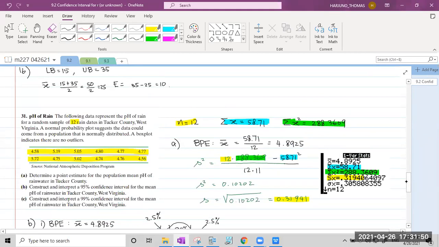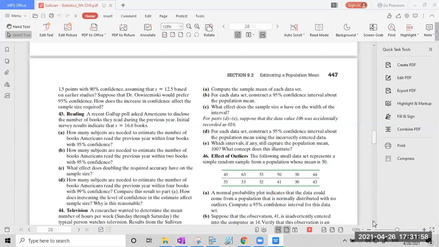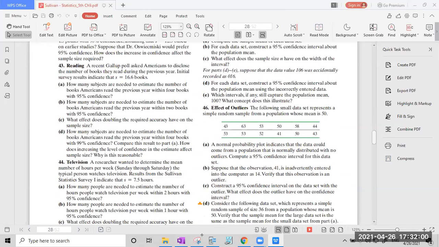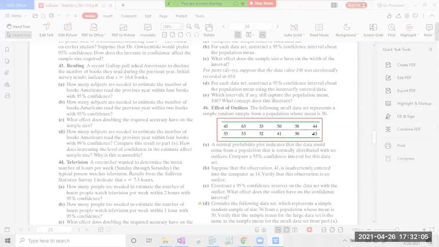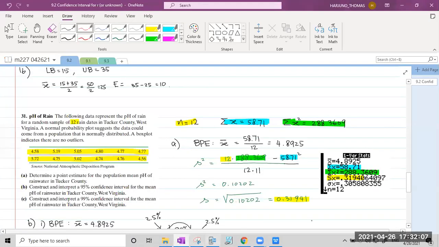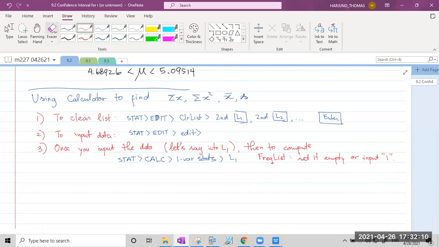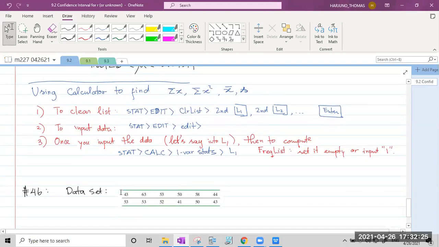Now, let me ask you to do some exercise on, let's say number 35. Let me see. No. Number 46. Let's do number 46. Let's just take a look at the data set. Number 46. The data set is that.